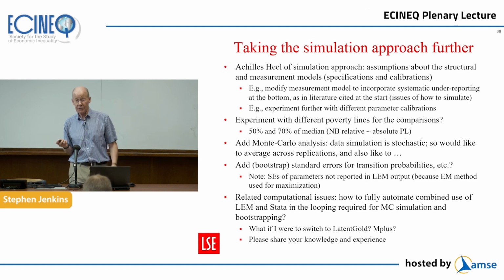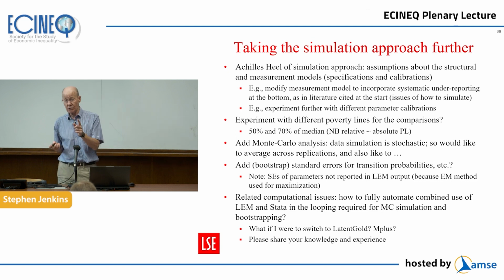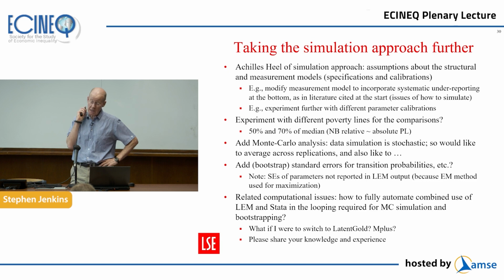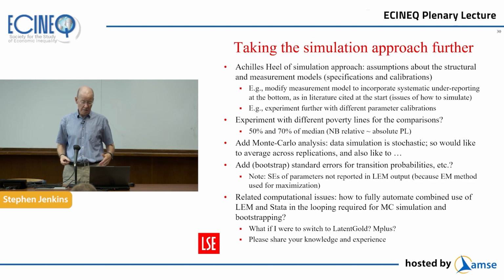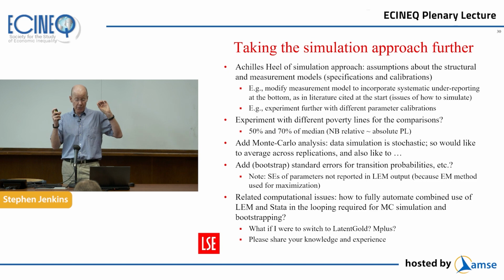It doesn't make much difference between using a relative and an absolute line because of the steady state stuff we're in here too. The other important thing here is you might have said, oh, Jenkins said he was doing simulations and stuff like that, but I only did one simulation. And the process is, of course, stochastic, so you'd like to average across replications. So what we'd also like to do is add bootstrap standard errors for the transition probabilities.